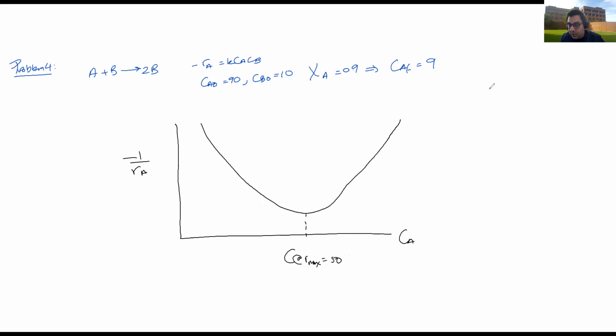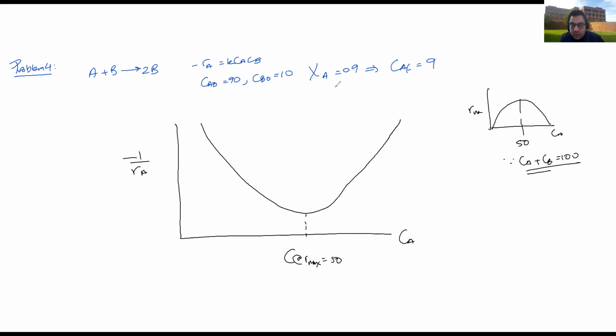If I plot R versus CA, I get a peak where 50 is the maximum. This is because CA plus CB is equal to 100, so they add up nicely to 100. If they add up to a different number, you just take the midpoint. So CA at R max is 50.